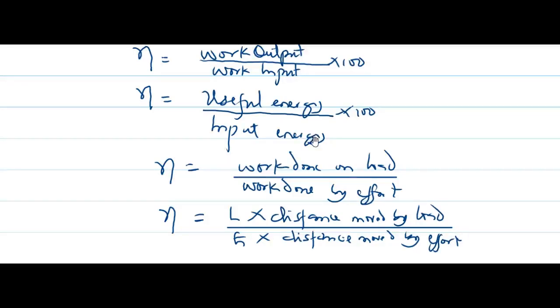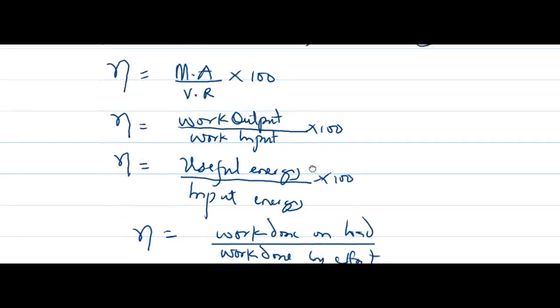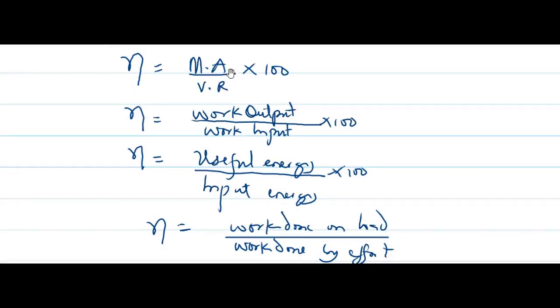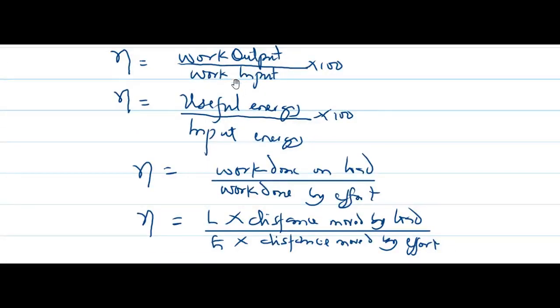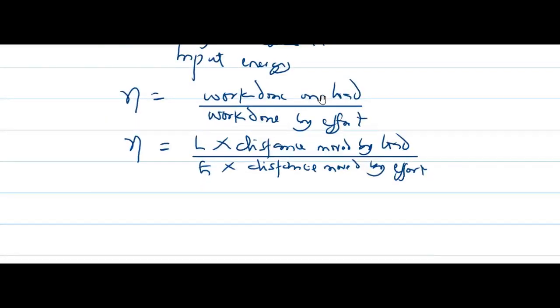So these are the 5 ways by which the efficiency of a machine can be calculated: either mechanical advantage over velocity ratio times 100, work output over work input times 100, useful energy over input energy times 100, work done on load over work done by effort, or load times distance moved by load over effort times distance moved by effort.